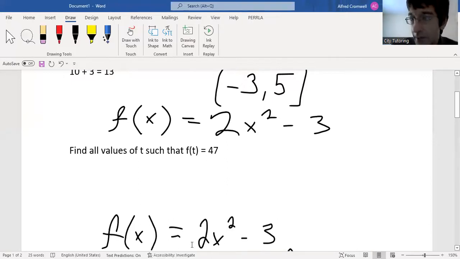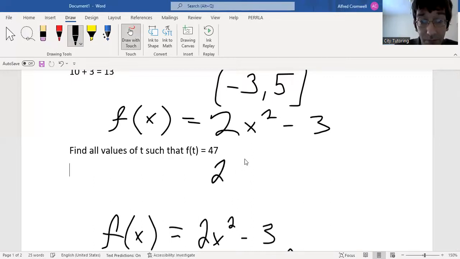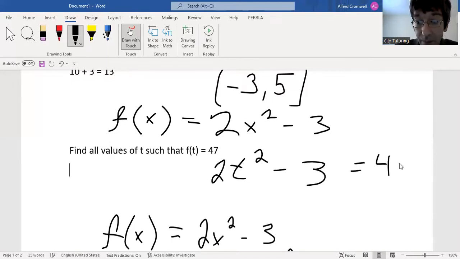This is a typical question you might get. If f of t equals 47, that means you now have to plug in the t where you see x, because we're evaluating at t. So now, instead of 2x squared minus 3, you have 2t squared minus 3, and we're saying that that's equal to 47.